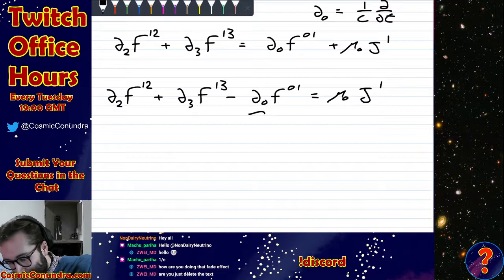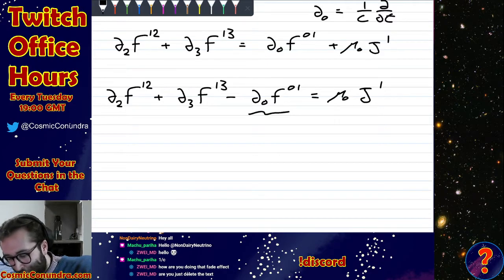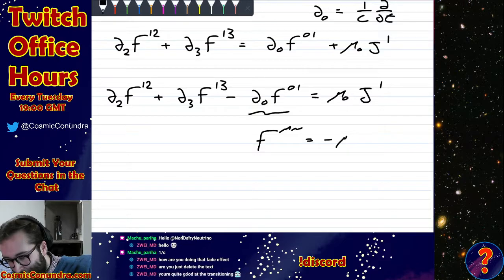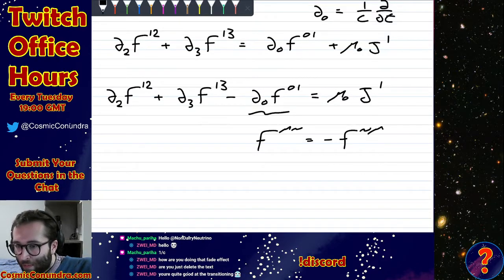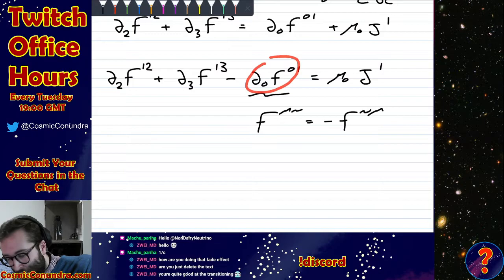And now what I'm going to do to turn this into a nicer form is use the antisymmetry of F mu nu. I mentioned it earlier, but I don't think I wrote down explicitly that if you swap the indices in F mu nu, you pick up a minus sign, because this thing is manifestly antisymmetric from its definition. So that means I can rewrite this whole thing as plus, and then swap these two indices up here.